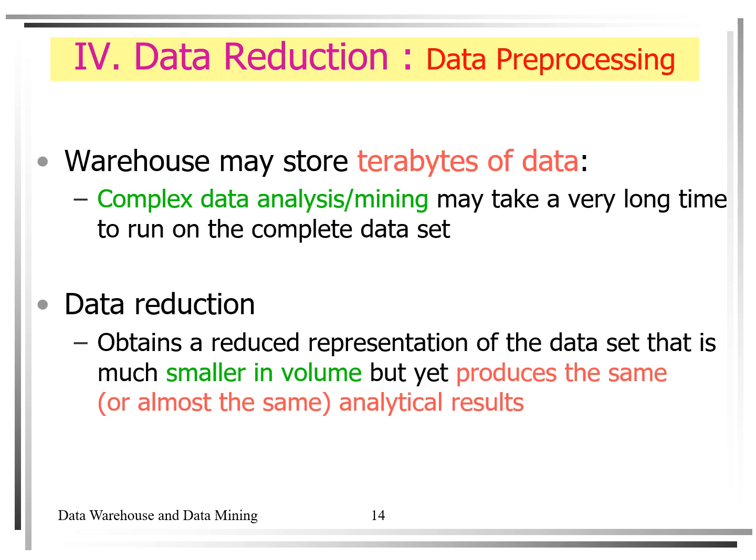We're talking about days or probably weeks of processing before we arrive at results. So that's why we apply data reduction: to have a reduced representation of the data in terms of volume, but one that produces the same or almost the same analytical results.